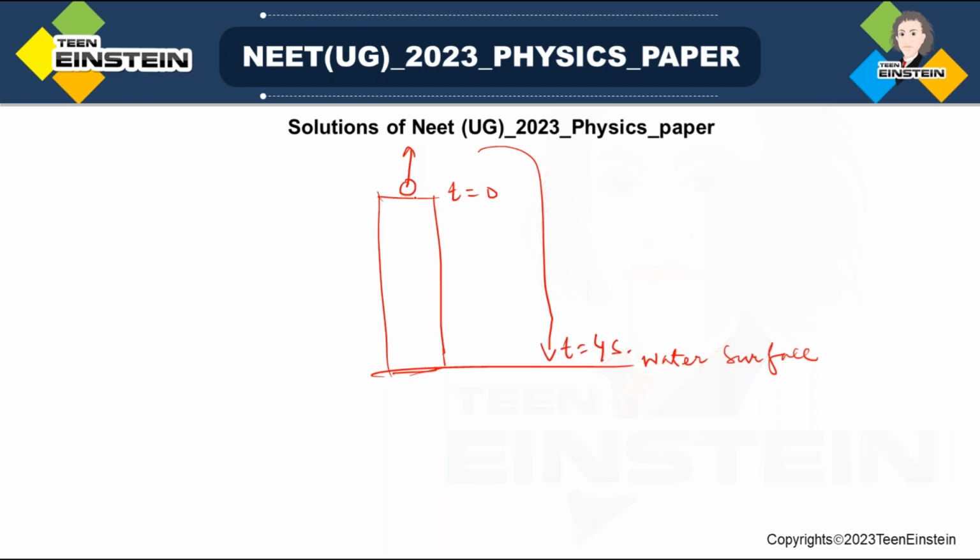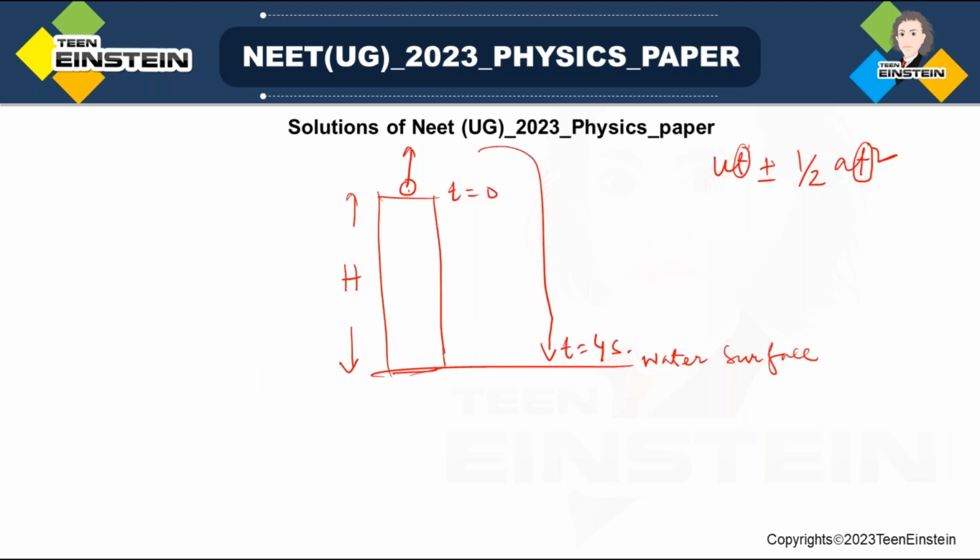But during the whole 4 seconds, what we have done is use ut plus or minus half at square. That means this time has been taken as if during the whole duration the object just has this much displacement. But it is not true, right?